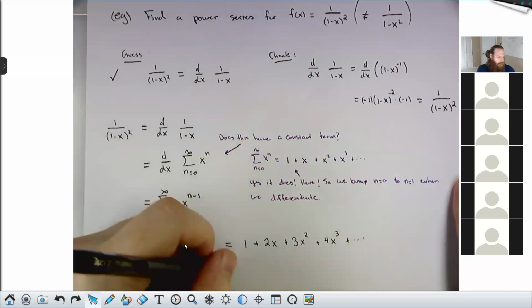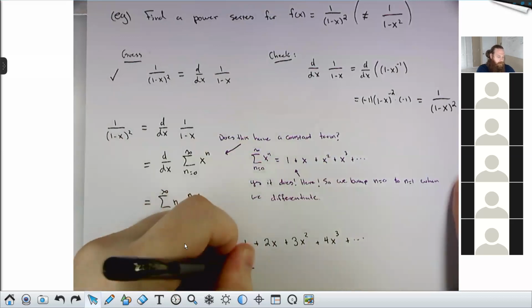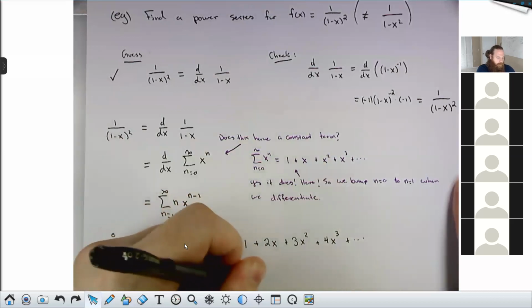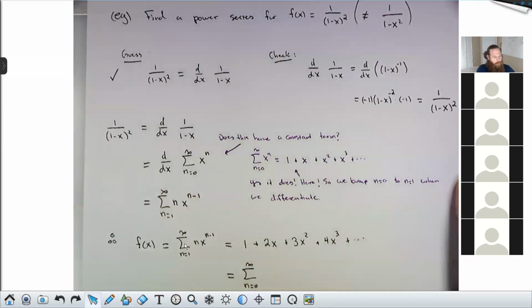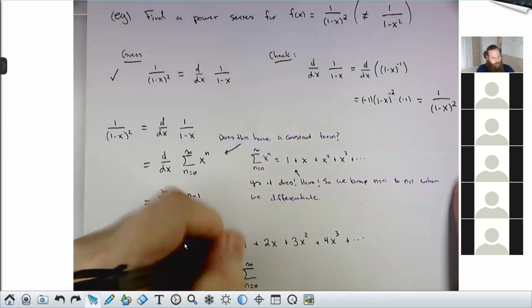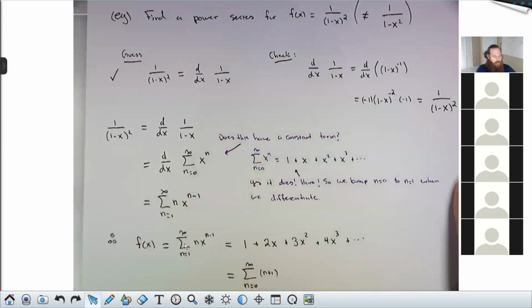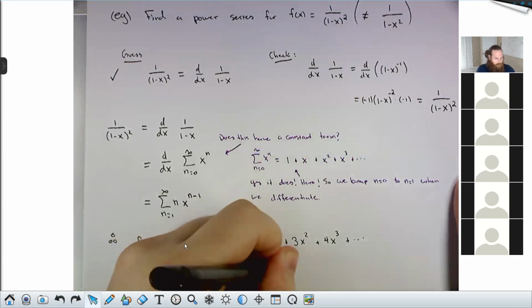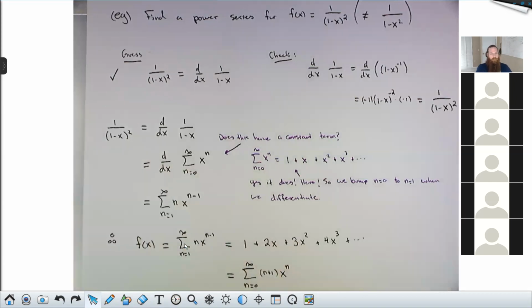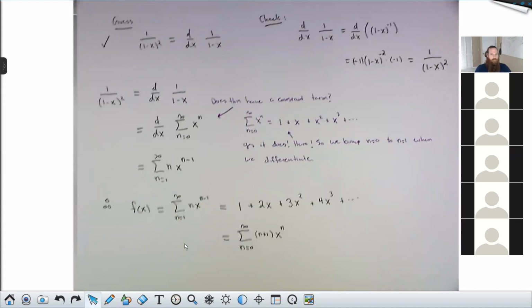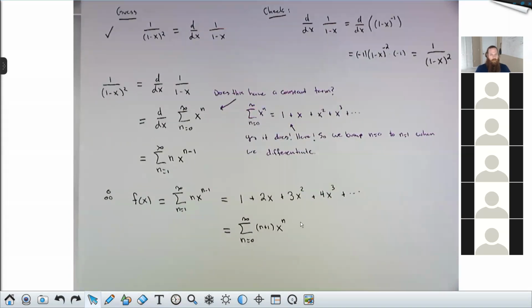So if I wanted to write this as sigma n from 0 to infinity of something, what would that look like? Well, 1 is 0 plus 1, so maybe an n plus 1 here. And then the powers of x ascend, they're just 1 less than that. So if I had to write this as a sum from 0 to infinity, this is how I would write it.